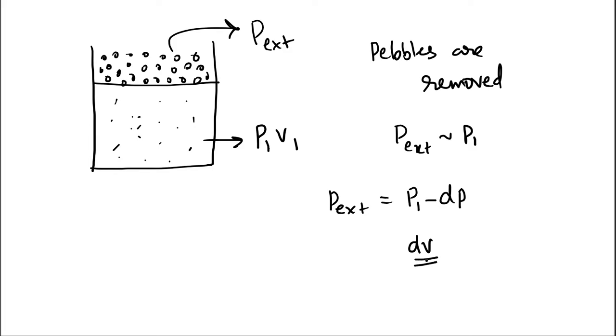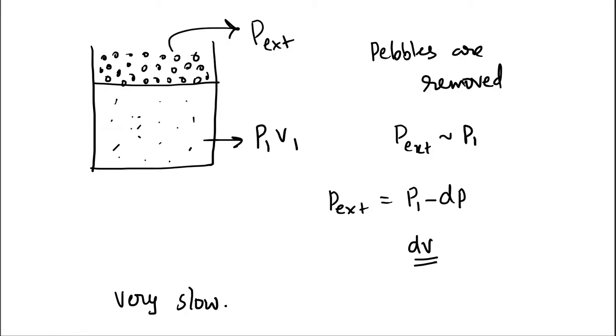Now if we remove one more pebble, there is another step of expansion, and slowly the volume is expanding. So at every stage the external pressure is varying. That means the process is happening very slowly. The reversible process is happening very slowly.